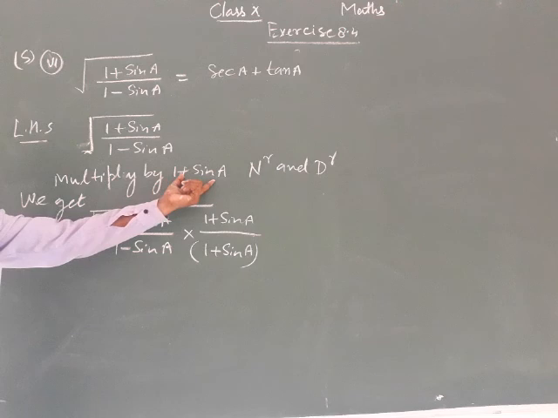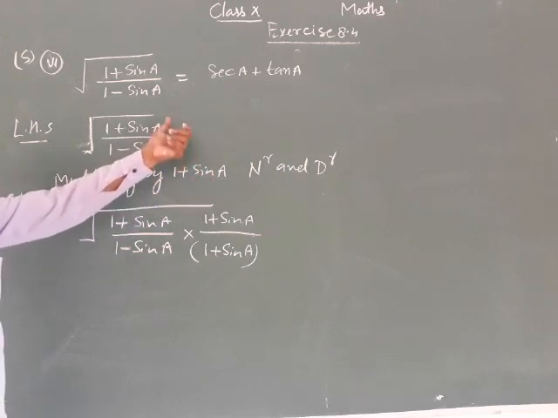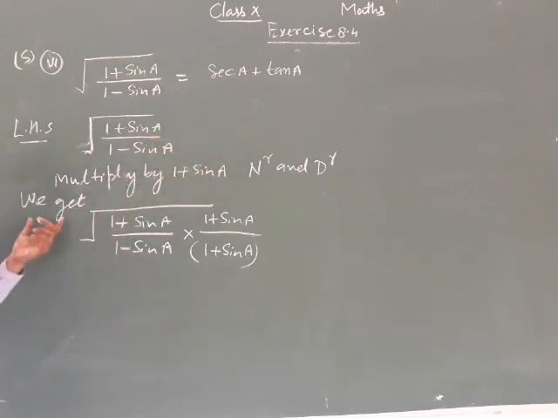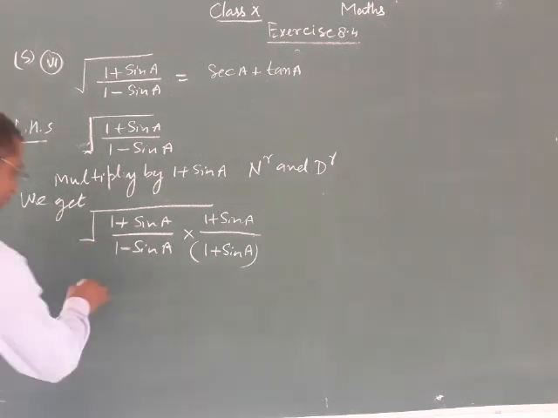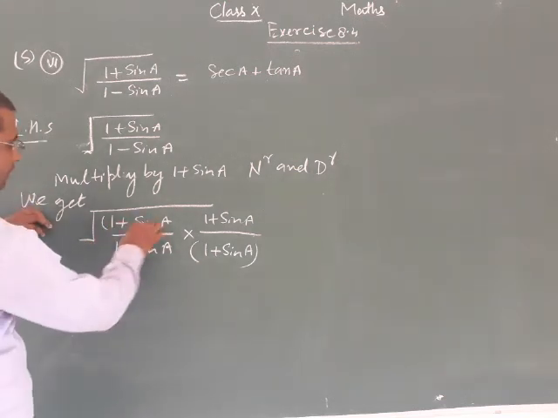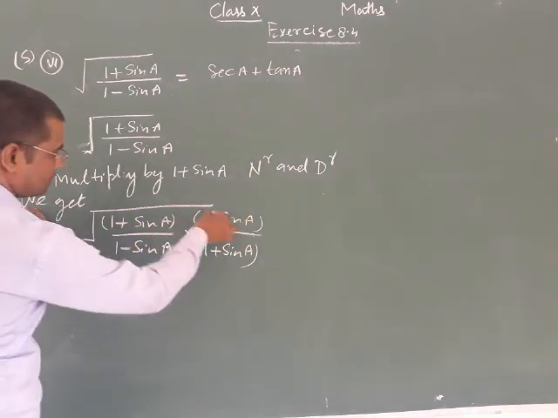So 1 plus sin A multiplied in the numerator and denominator, we get 1 plus sin A times 1 plus sin A.